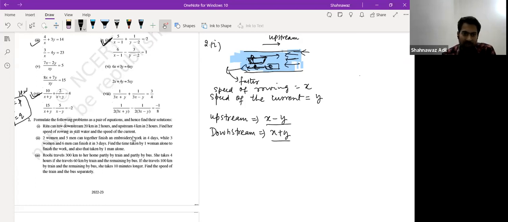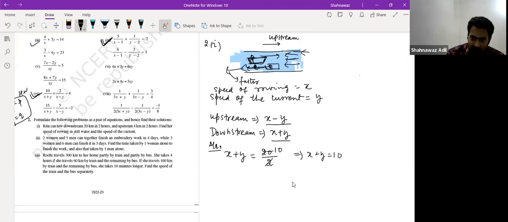Now, for the downstream case, the speed is the distance upon time, right? So distance is 20 kilometer by 2 hours, so this is 10. So x plus y is 10, right?